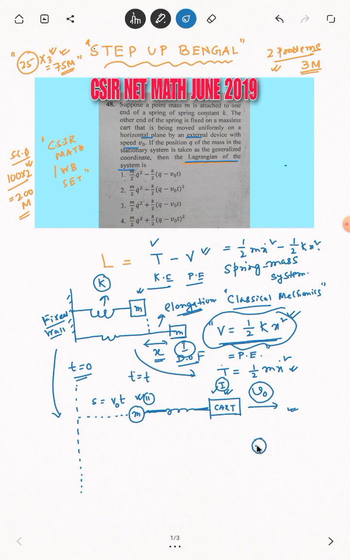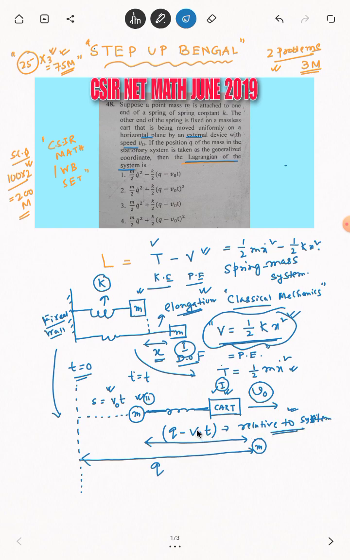This is also a variable position, where its distance is given to be q. q means the Lagrangian coordinate, as we have already discussed. So ultimately the net displacement or elongation will be q minus v0 t, because s distance is already covered, relative to the system.